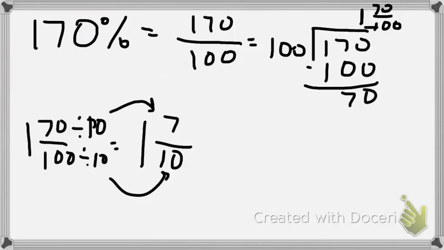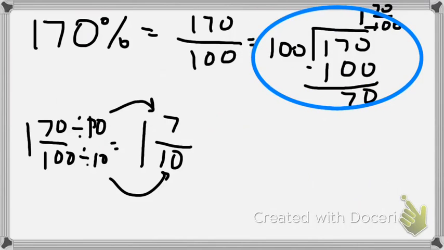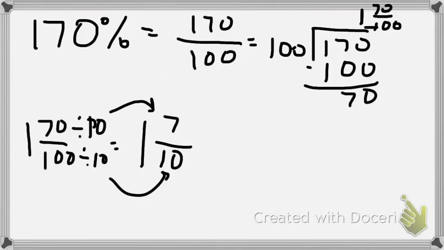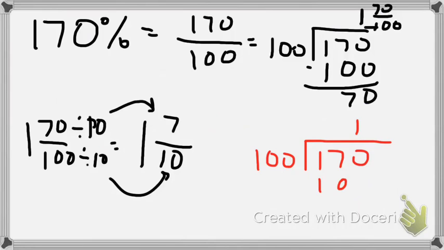Now if I wanted to add a decimal over here, I could to get my decimal form. Add my decimal, put it up here, add a 0, and then 100 into 700 goes 7.